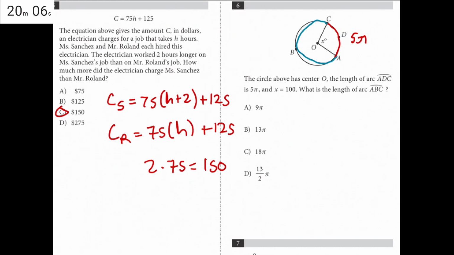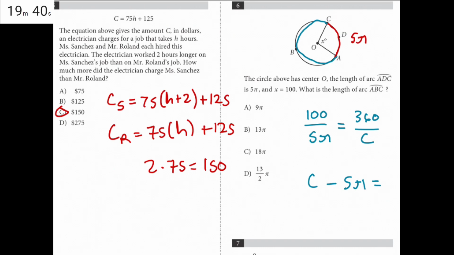Okay, we have lots of time. Or so I think. 100 is to 5 pi as 360 is to what? That would give us the circumference of the circle. Once we have the circumference of the circle, we simply subtract off that red piece, which is 5 pi, and that will give us the length of arc ABC.